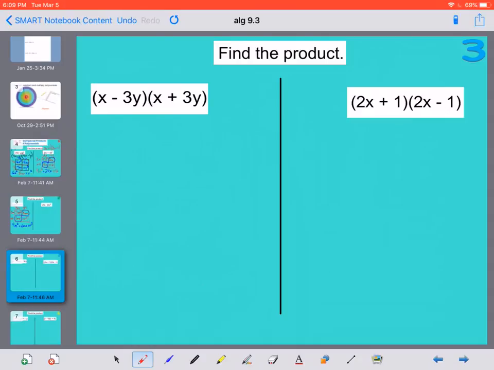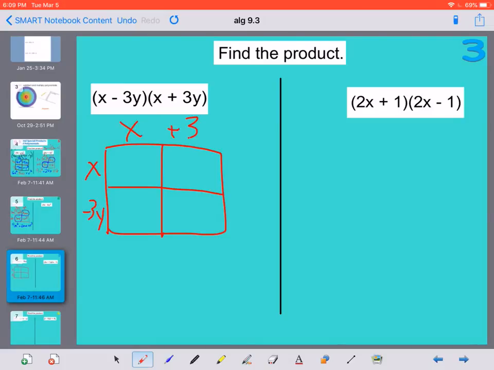Alright, now we have two binomials again. This time they're going to be different, so they're not going to be squared anymore. So we're going to have x minus 3y and x plus 3y. Well, x times x, that's going to give me x squared.